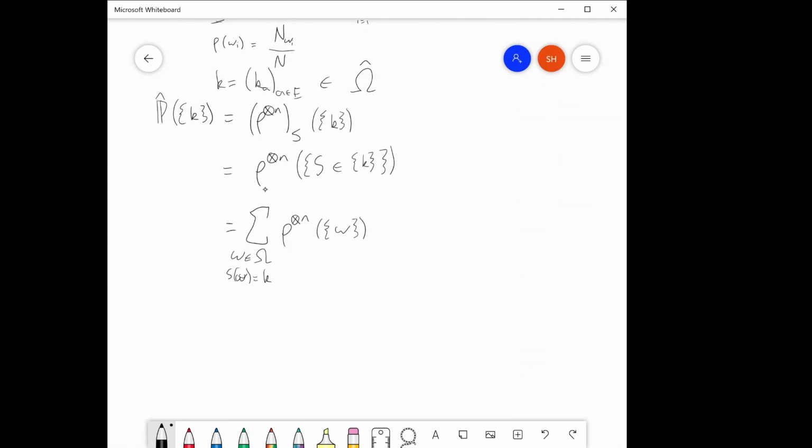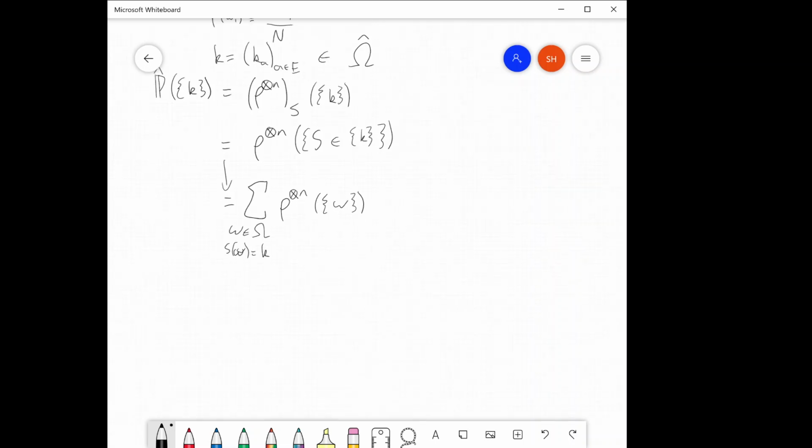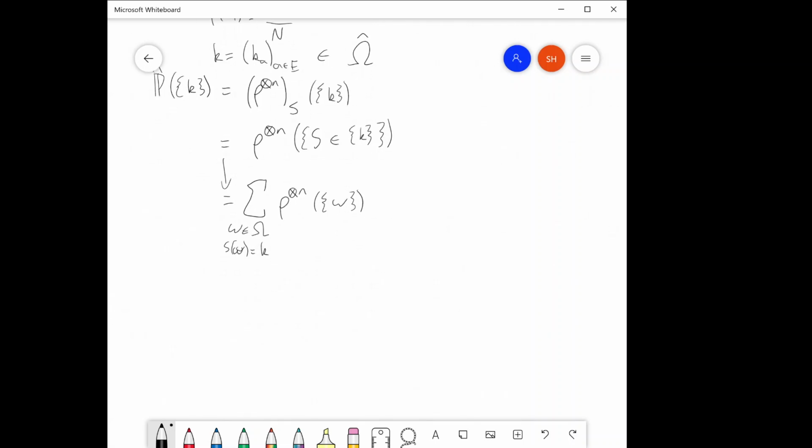So this is using this step here: we're splitting this set as a disjoint union of the singleton sets of all the elements, and then using finite additivity over disjoint unions of our probability measure.